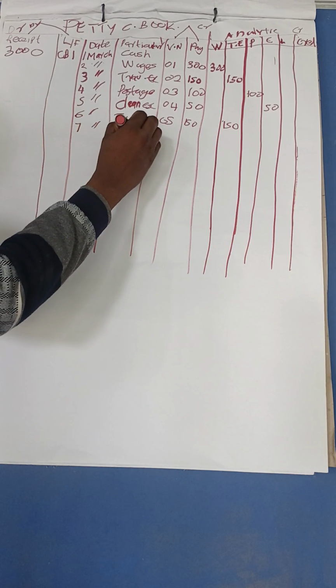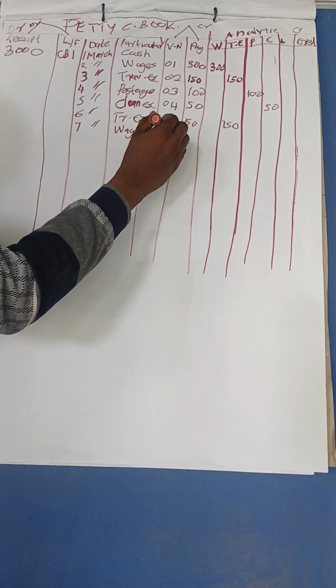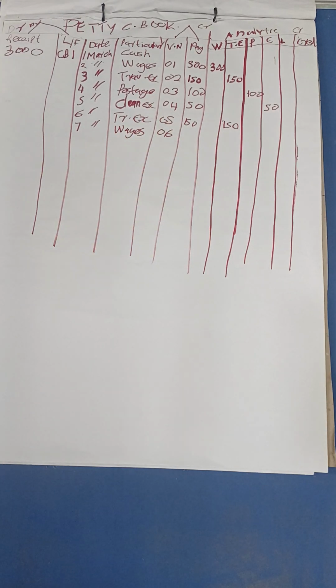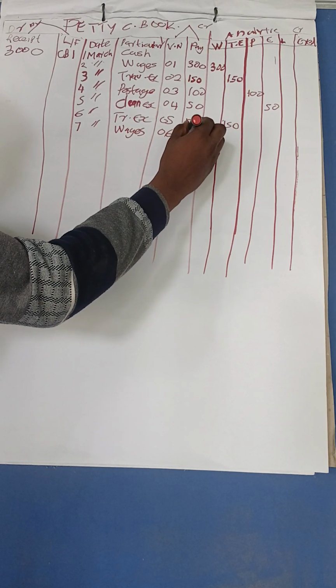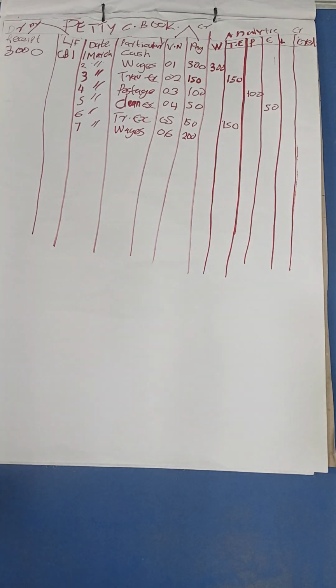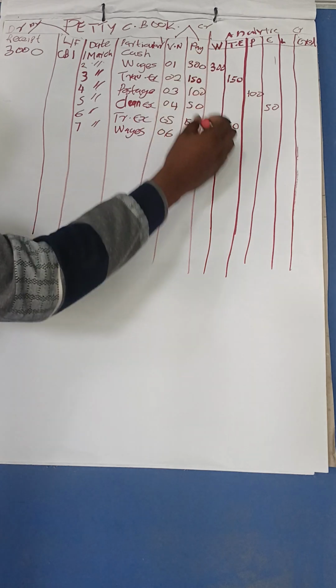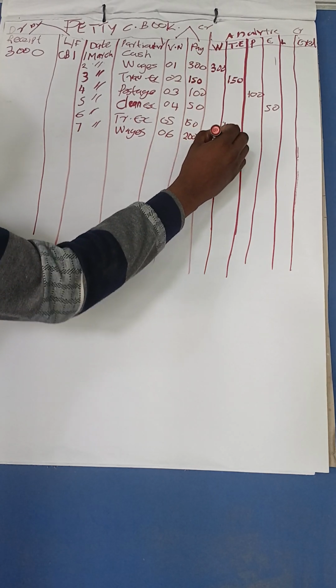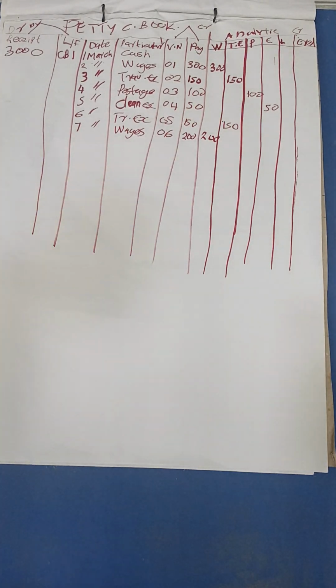Wages under particulars, voucher number 06. We make a payment of wages of 200. Maybe this is the person employed there to do two tasks. Wages 200, so we extend that 200 under wages. Good.